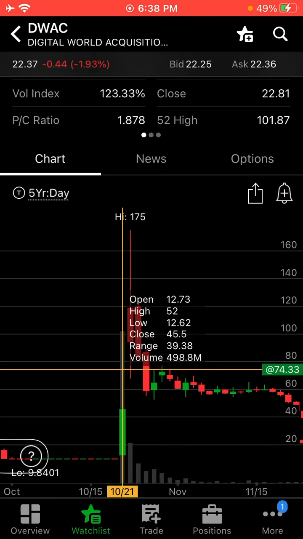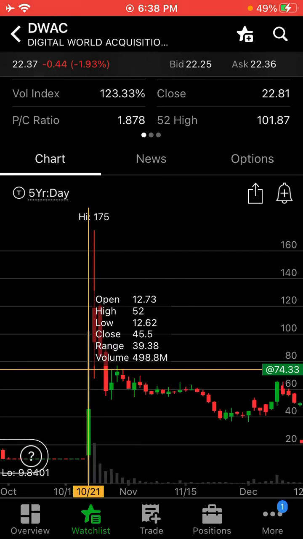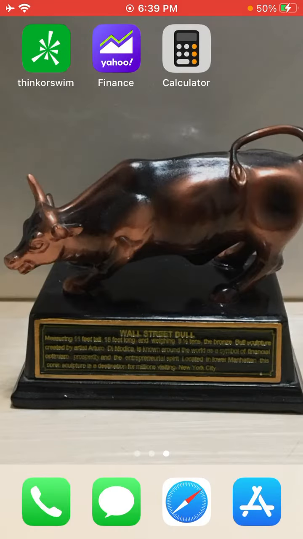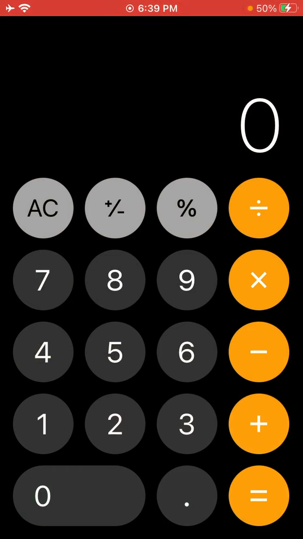This stock, we can see the volume was almost, I'll just approximate it to 500 million. And on this stock, I can see now what the float was. I believe it was 25 million. Just to make a point, we can approximate that the volume was 500 million.